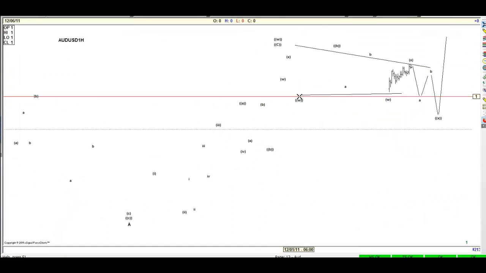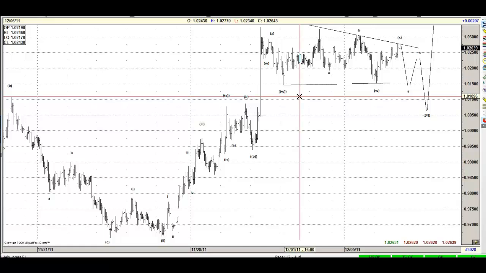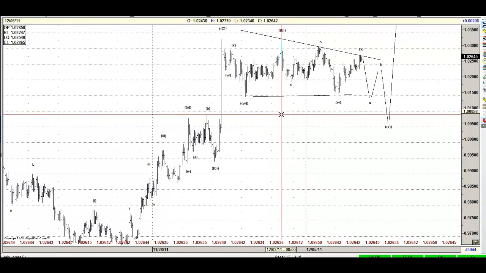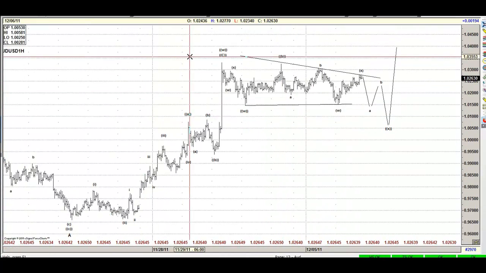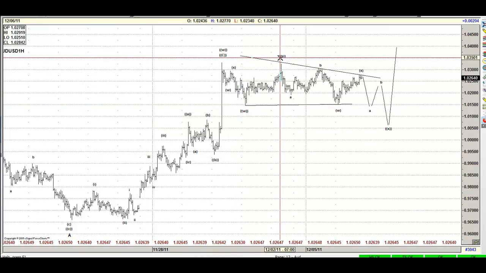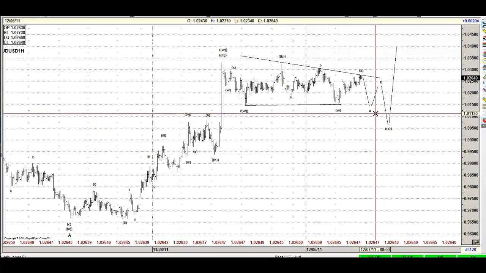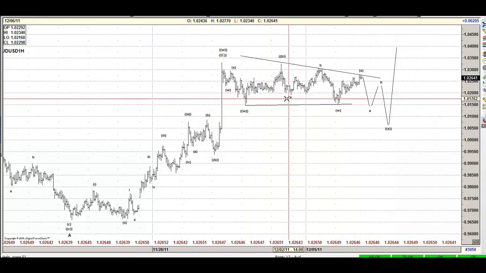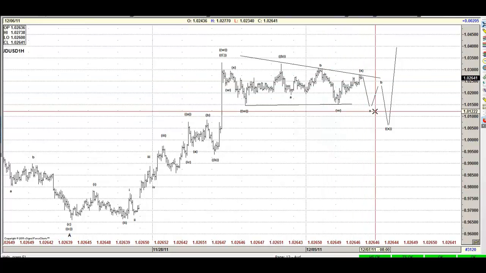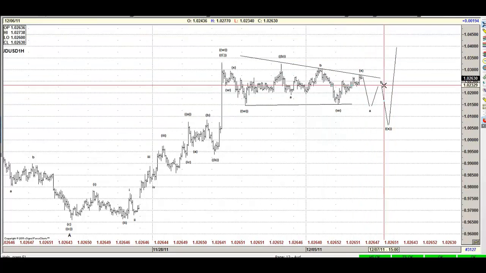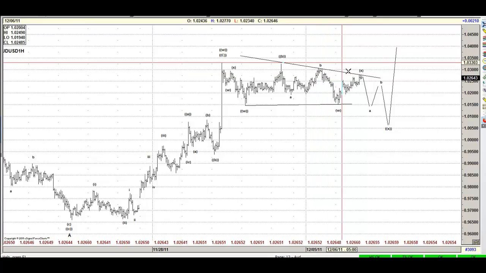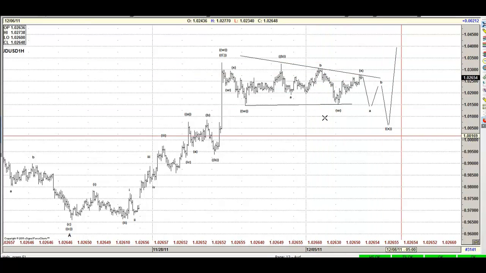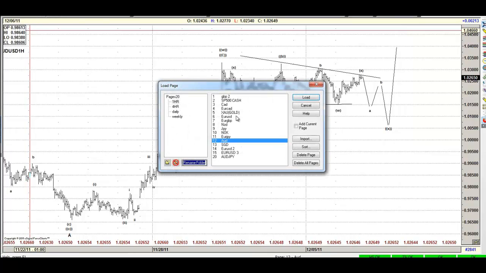Aussie also looks like it is in a possible scenario where you got 3, and then you got 3 here, and then another with another strength in the dollar, or even into a triangle consolidation when you have A, B, C, D, E, and thrusting higher, or this type of double zigzag, which is going to allow a deeper consolidation. And on and on around all the pairs.